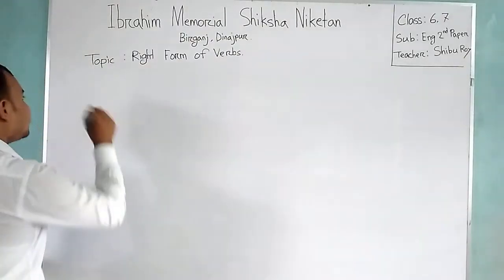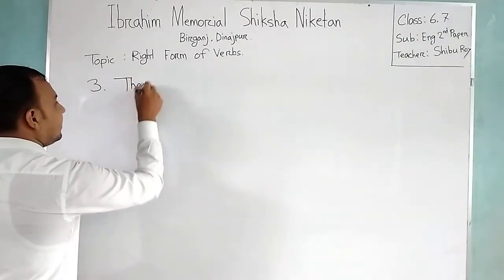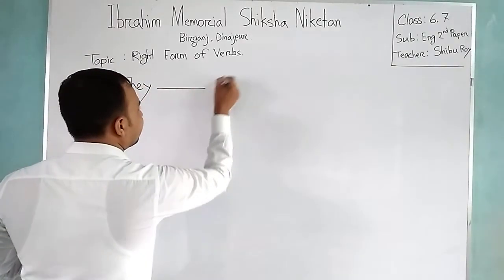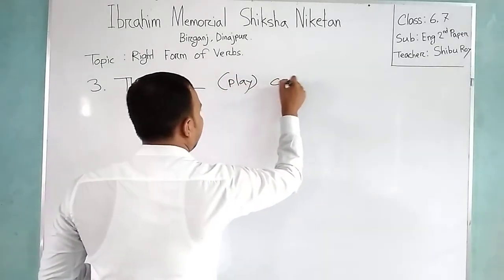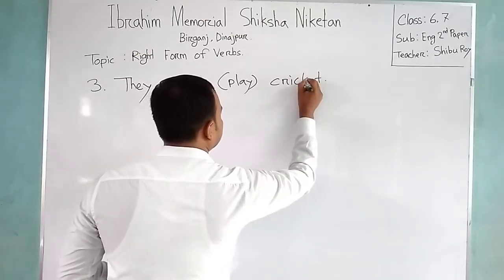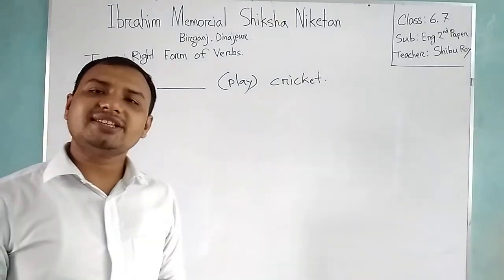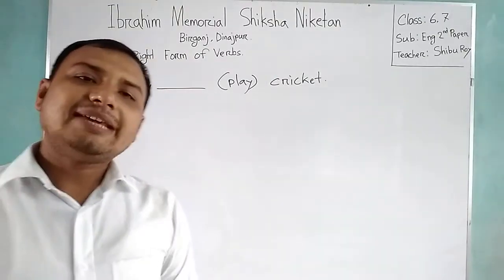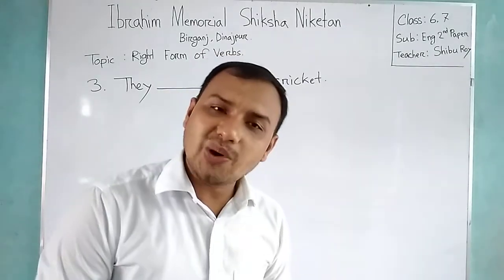I am writing down a sentence: They gap play cricket. In our previous two sentences, we learned that if the subject is singular, then the verb will be in the singular form.